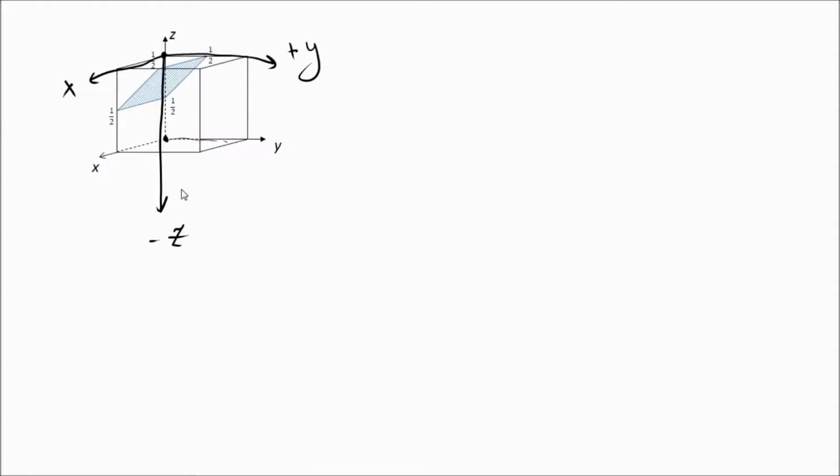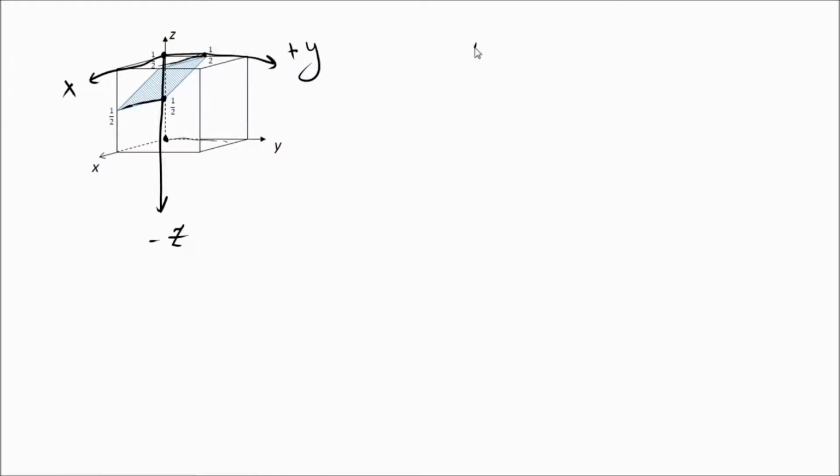So here, if you see, plane intersects y-axis at 1 over 2, plane intersects z-axis at negative 1 over 2, and it's parallel to x-axis. You see again, this plane lines are parallel to x-axis.